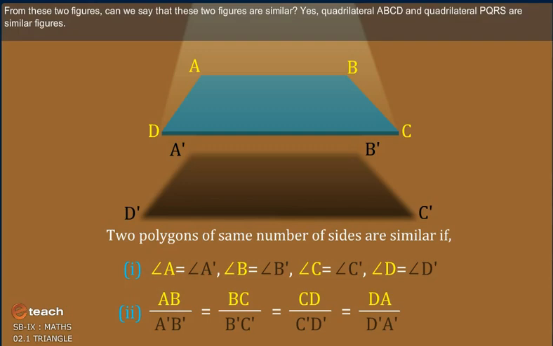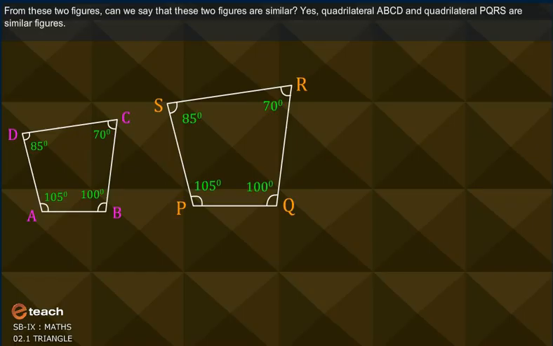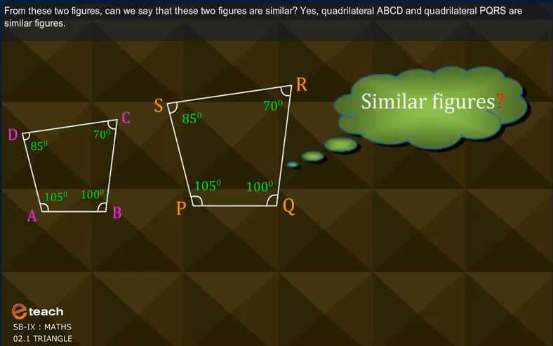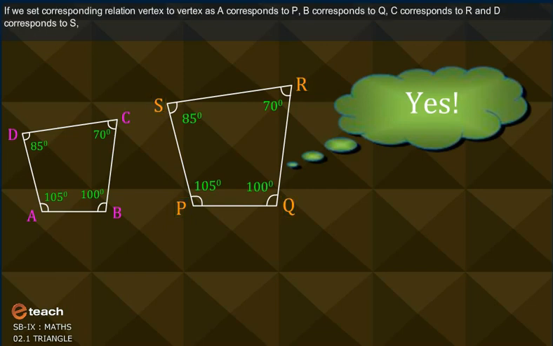From these two figures, can we say that these two figures are similar? Yes, quadrilateral ABCD and quadrilateral PQRS are similar figures.